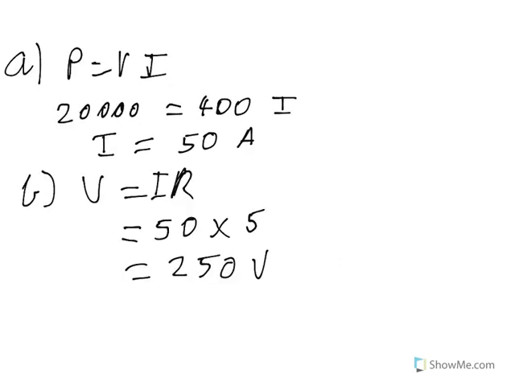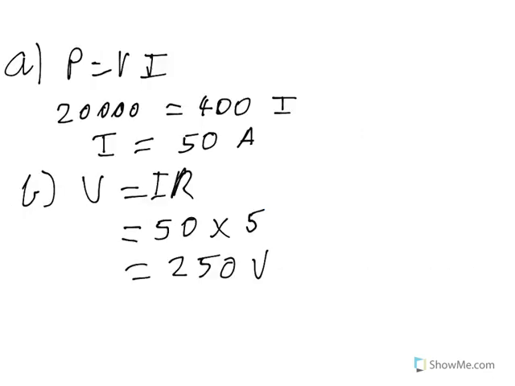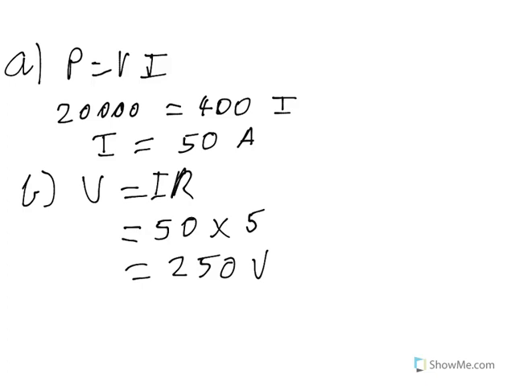The last part says, what is the voltage supplied to the lighting? Well, we've got 400 volts being produced, then our voltage drop across the wires is 250, and whatever's left is the lighting.